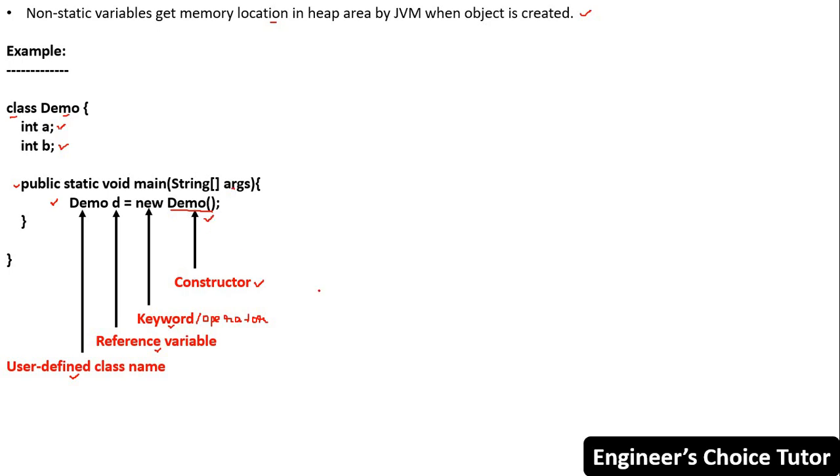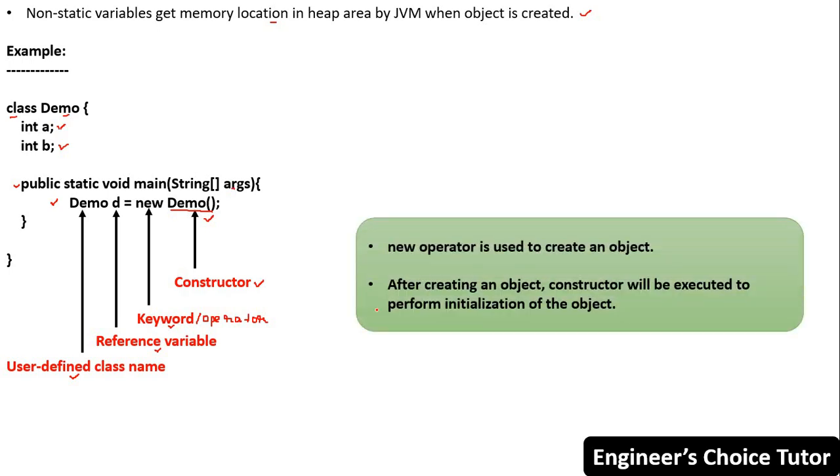Now what's the use of this new keyword or new operator? Basically the new operator is used to create an object. After creating an object, the constructor will be executed to perform initialization of the object.